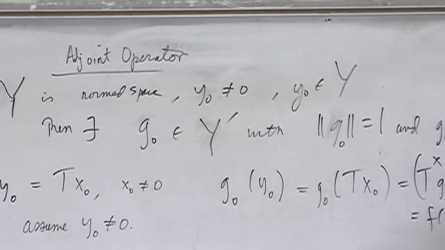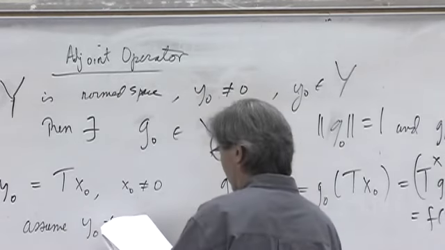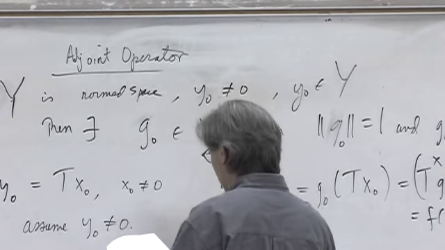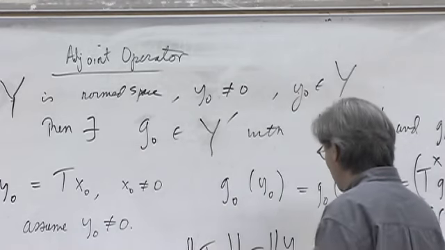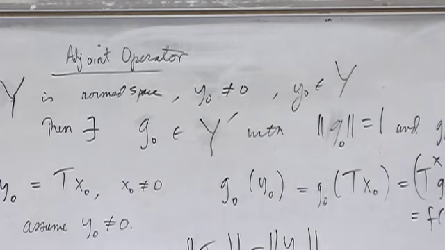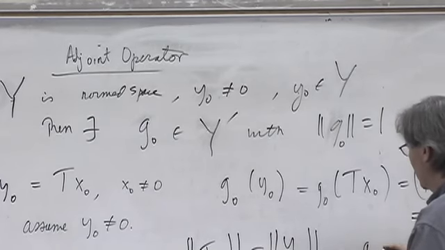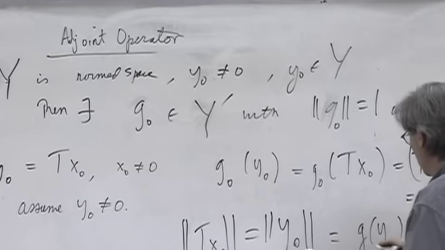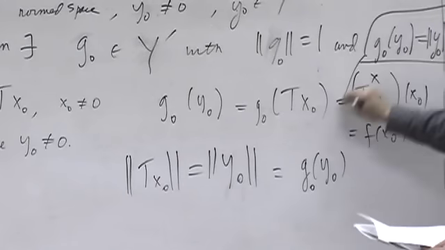And so, therefore, what you have is that the norm of T X0, which is the norm of Y0, it seems like you just have to play around with this until you get the order right, is equal to this G0 of Y0, because that was this property of the harmonic theorem here.